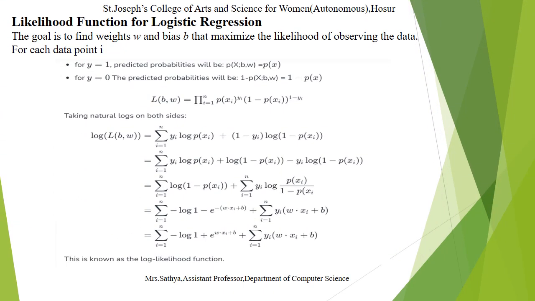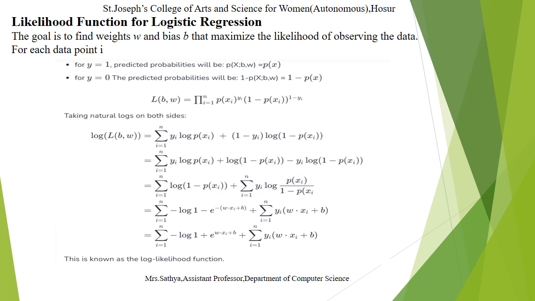Next is the likelihood function for logistic regression. The goal is to find the weights and bias, where weights are W and bias is B, so as to maximize the likelihood of observing the data.